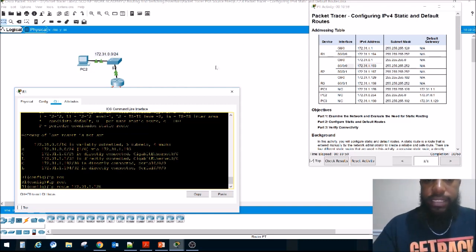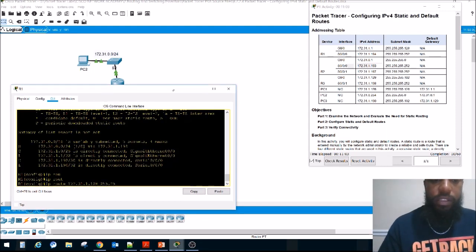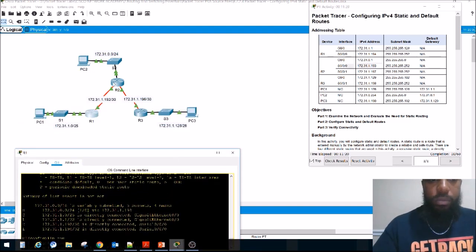The subnet mask is /26, so that would be 255.255. That's 16, right? 255, that's 24. And then we need /26, so 128, 192. Right? And then the next hop address would be the same thing.